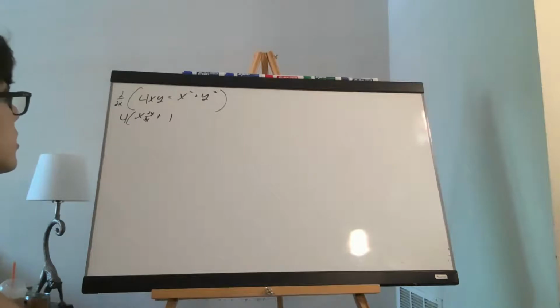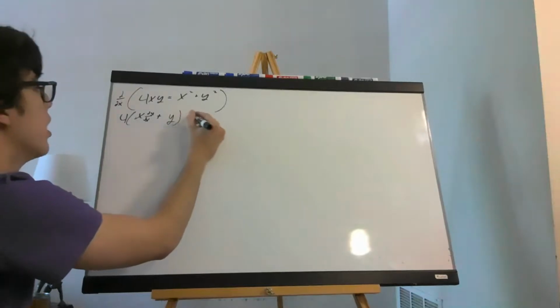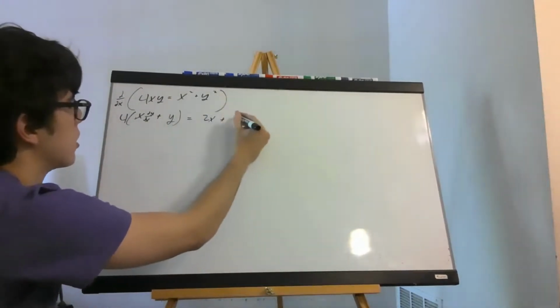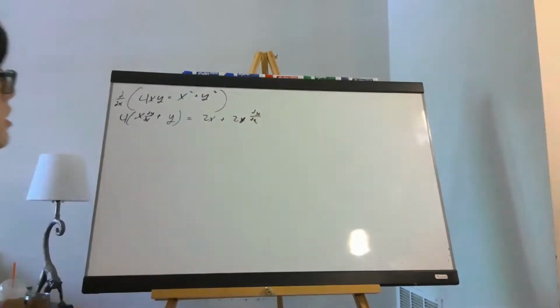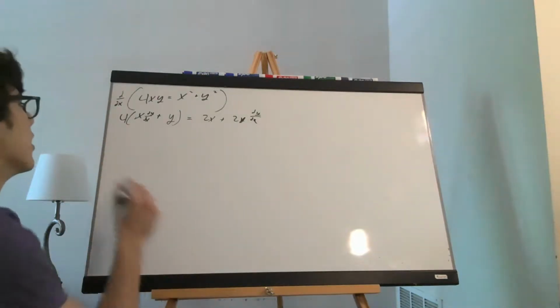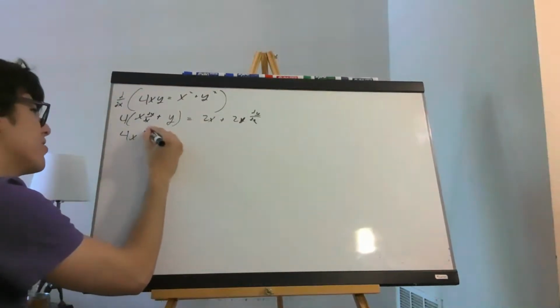What did I do wrong? No, so just plus y. Okay, there we go. Duh. Over 2x plus 2y dy dx. And I just took the derivative of the whole thing there, so you should be able to do it at about that pace if you're really good at this. But don't worry if you can't quite yet, because we still got a good bit of the semester left.